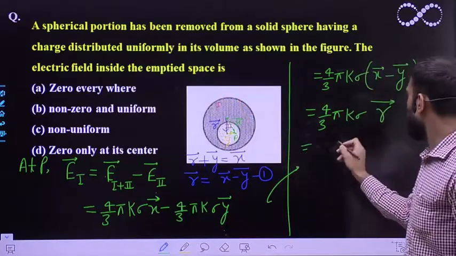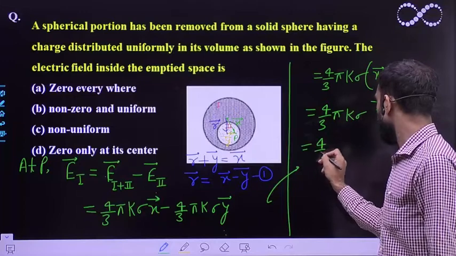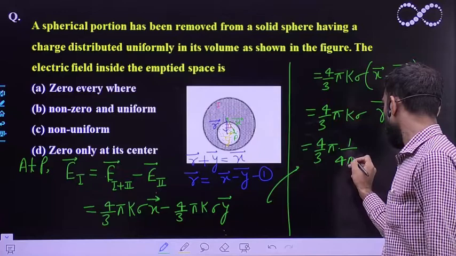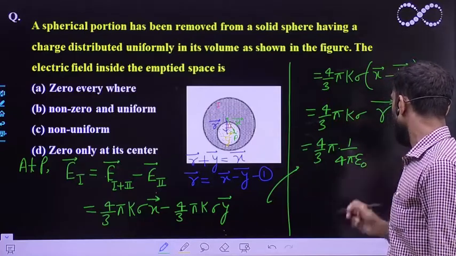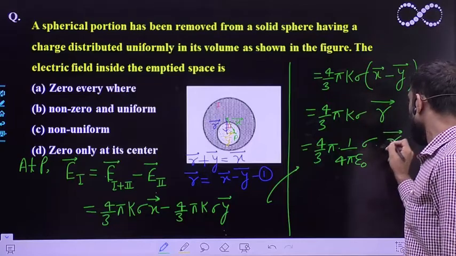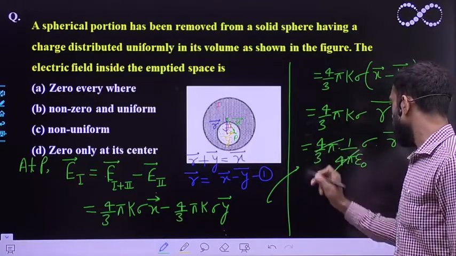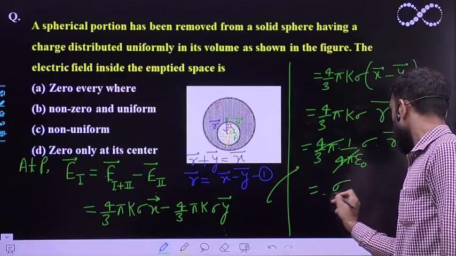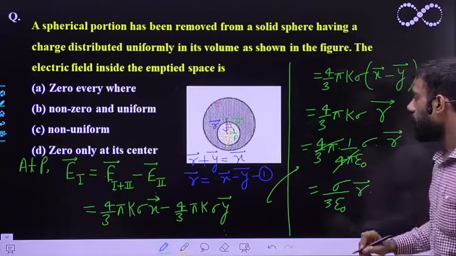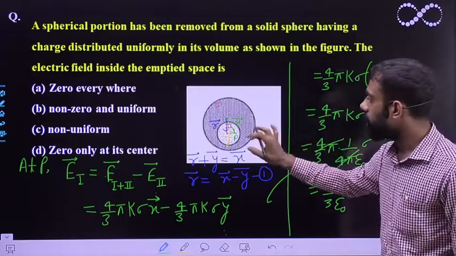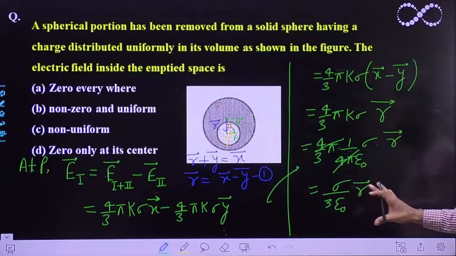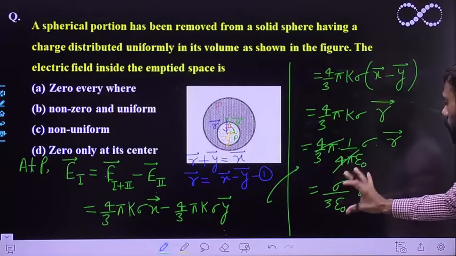Now I can put the value of k, which is 1 upon 4 pi epsilon naught, so 4 pi will cancel out, and you will get rho upon 3 epsilon naught r vector. So this is the electric field at any general point inside the cavity, and you can see easily that the electric field is a constant vector.